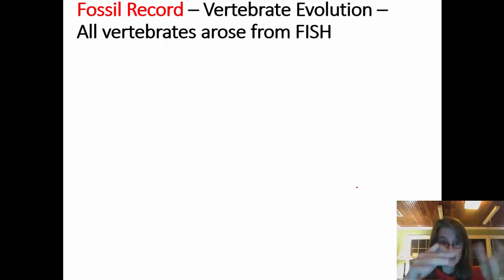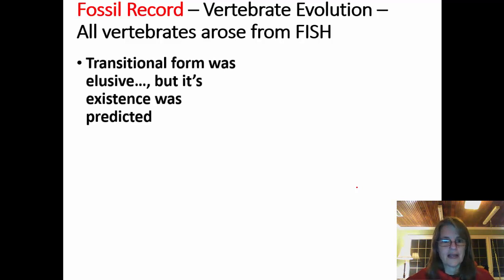Okay, if that is true, then we should be able to find some transitional organism that is sort of fishy, but also sort of amphibian-like. It should be sort of quasi getting adapted to land movement and things like that.